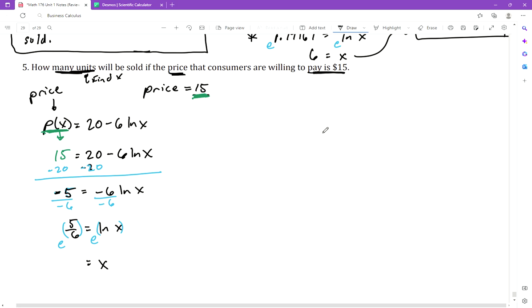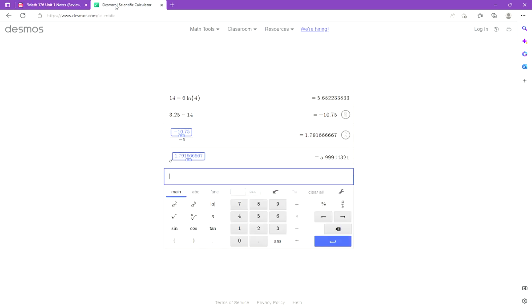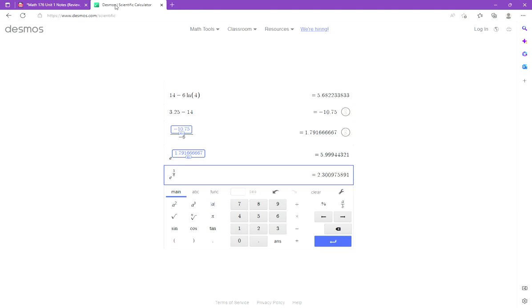E to the 5/6, let's go back to Desmos. So e to the 5 divided by 6, there it is, written exactly the same way. Again, you might need a calculator, or you might need parentheses, depending on your calculator. But if you're using Desmos, you can make it look the same way.